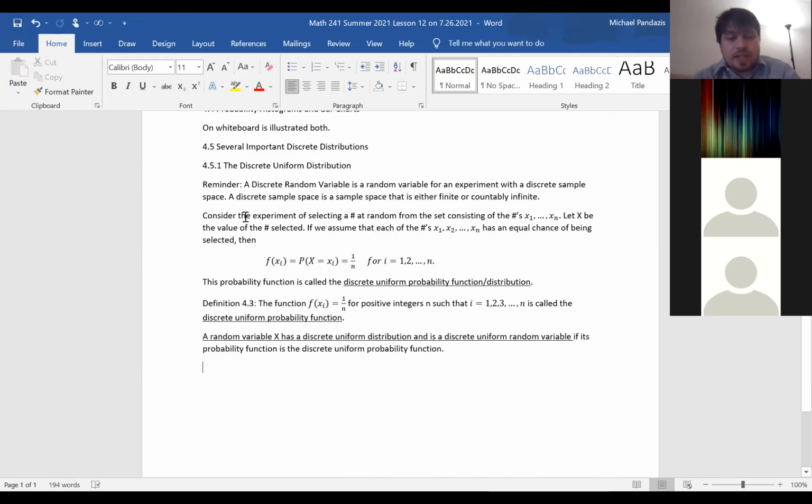Okay, so next is 4.5.2, the Bernoulli distribution. Here's an example that uses it. An experiment consisting of only two possible outcomes, either success or failure, is a Bernoulli trial. We talked about that in other classes.